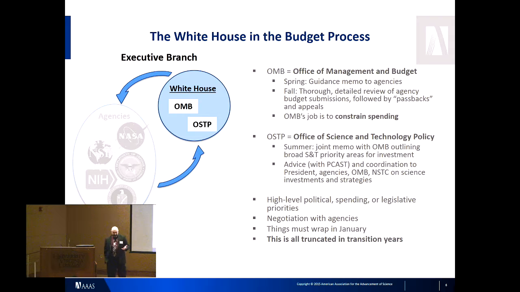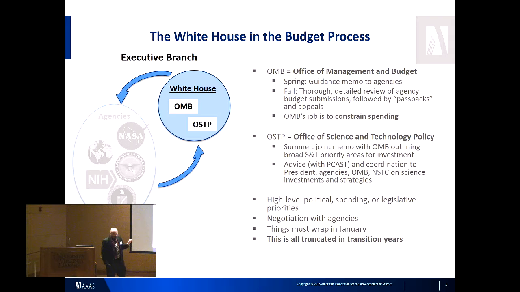If you're an OMB program examiner, it isn't always perfectly clear how high-level, potentially vague directives coming from the White House may actually be translated into specific program choices within the agencies.